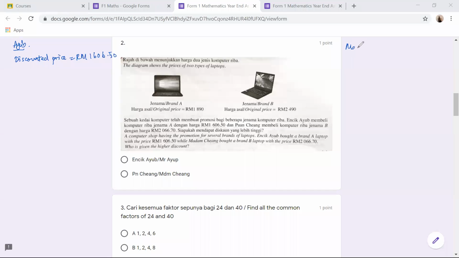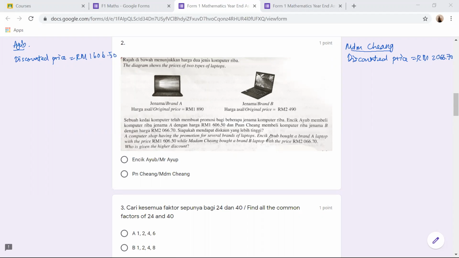Whereby Madam Chang, the discounted price is 2,066 ringgit and 70 cents.